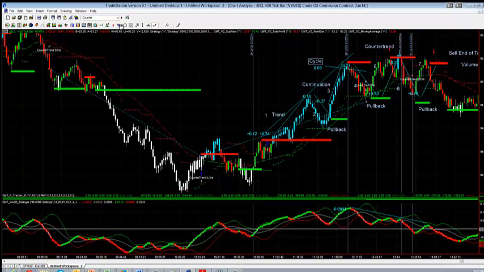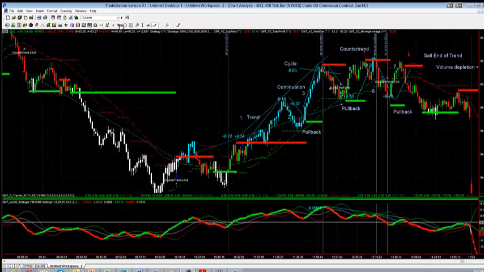Can you see that is an easy transition now from originally having one idea or concept and then evolving it into another? Because what happens here is that in this strategy, this counter trend play is really a counter trend.